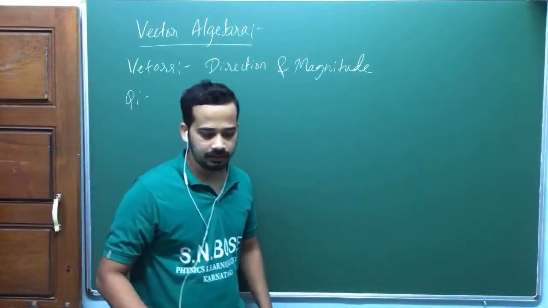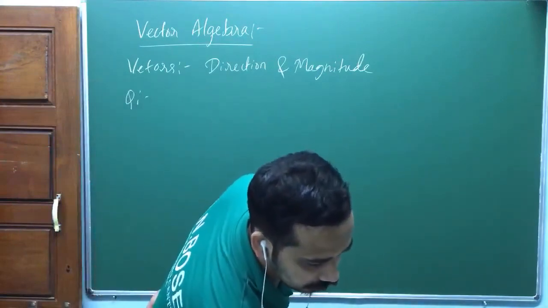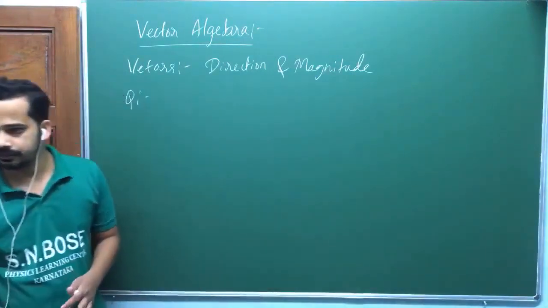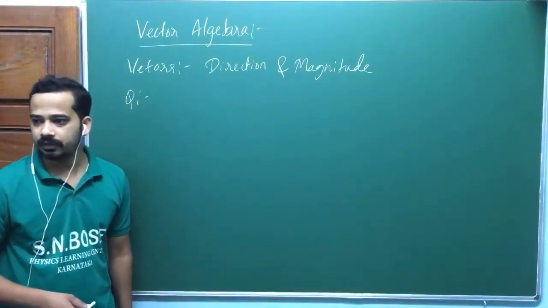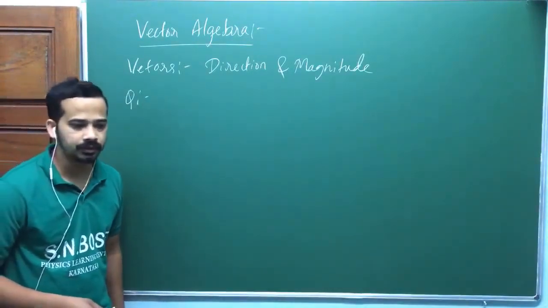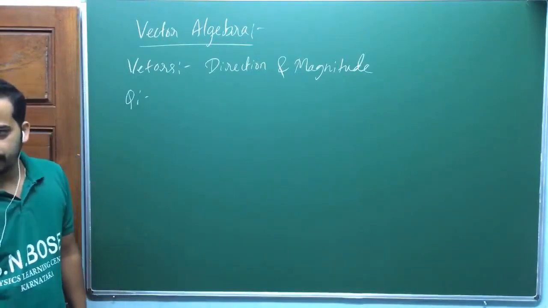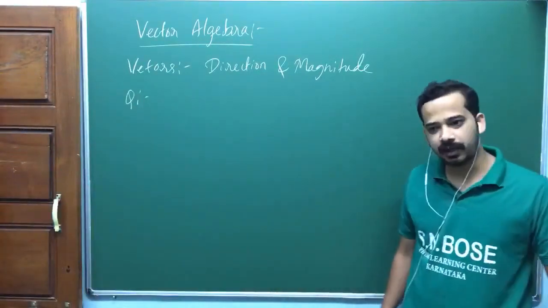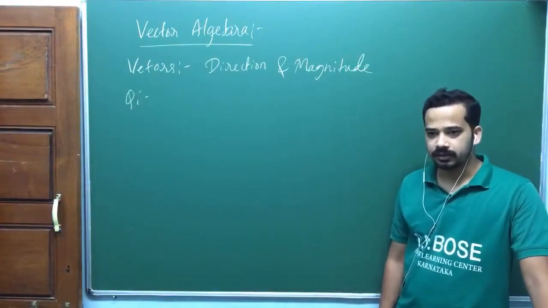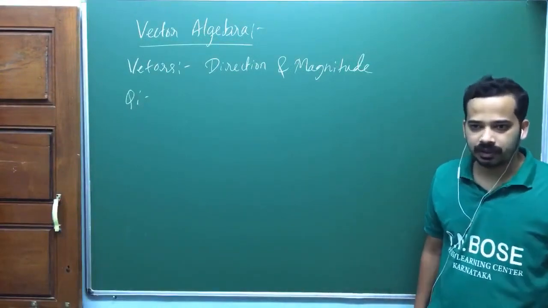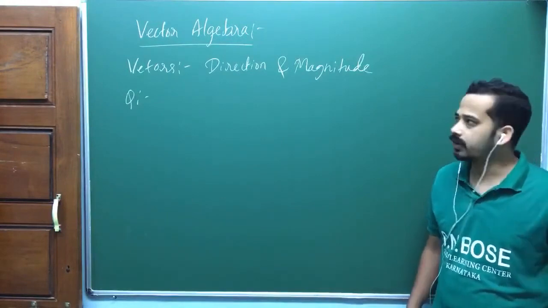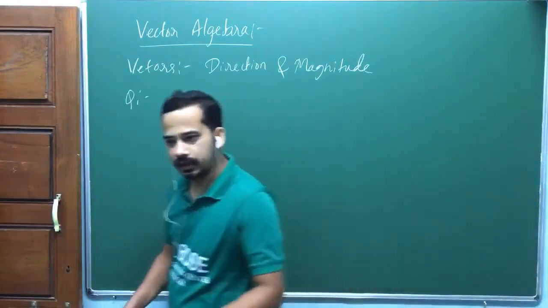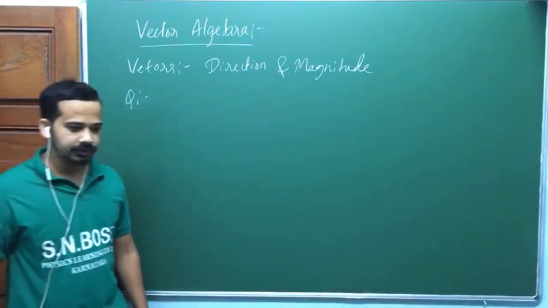What is electric current, whether it's a vector or a scalar? It's a scalar, but it has direction. Electric current has a direction, and it has a magnitude, in terms of ampere or milliampere, isn't it? So is it a vector or a scalar? It has direction, isn't it?